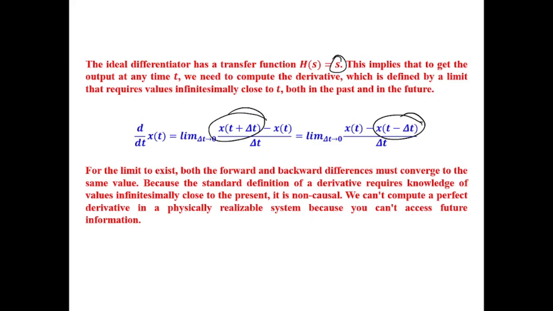So it analyzes the derivative using both the future value and the past value, and then converges to the point t, which is the present instance. If we do not know the future value, then we will not be able to find the present instance either, if there is a derivative component in the transfer function. And if the numerator degree is greater, you will be left with these extra s components.